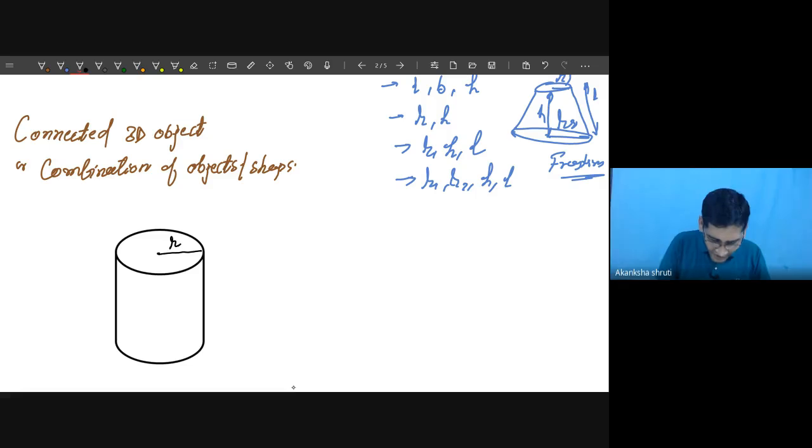Even the bottom one is also circular, the other part is hidden, so it is not shown. The center is there, so the radius is also here, and the height between these two centers is called the height of the cylinder.